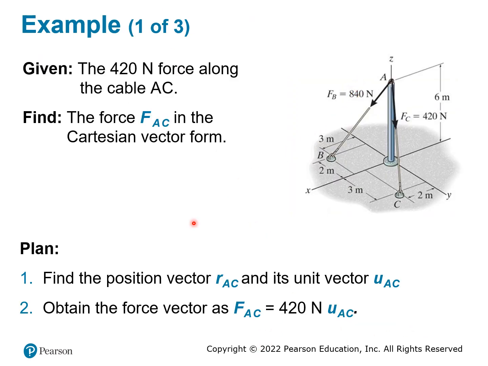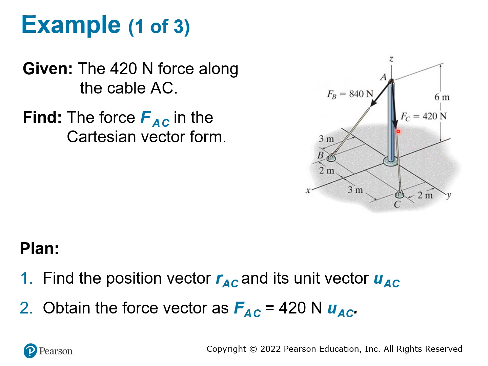Let's use this example to show how we can use the position vector to help us express a force vector. In this example, you're given a 420 N force along the cable AC. There's another force, F_B, and I suggest you use this example to do the same thing and find F_B. How can you represent that as a vector?